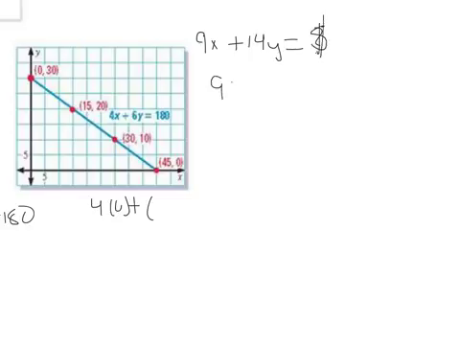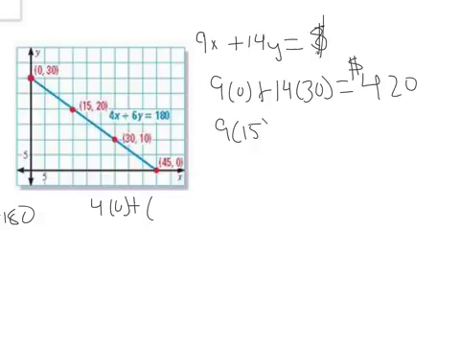So 9 times 0 plus 14 times 30, that would cost $420. Then you go 9 times 15 plus 14 times 20. That would cost $415. So you can eliminate that.